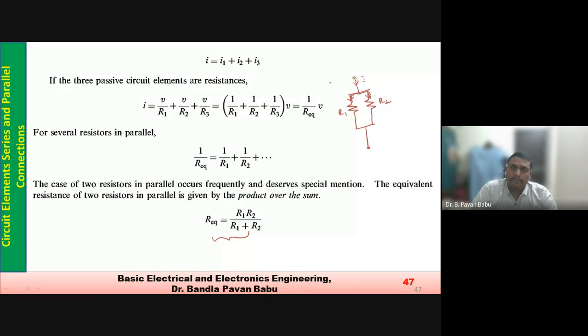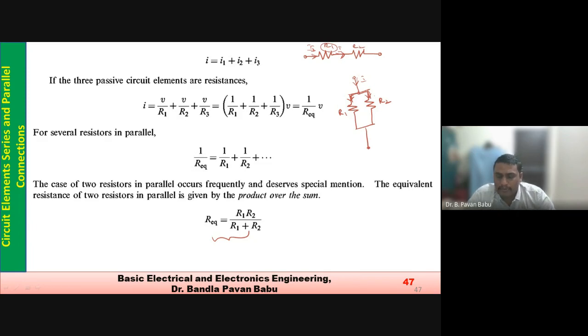Whereas for series, suppose this is R1 and R2. For R1 the incoming current is I, and the outgoing current is again I, which is equal to the incoming current of R2.